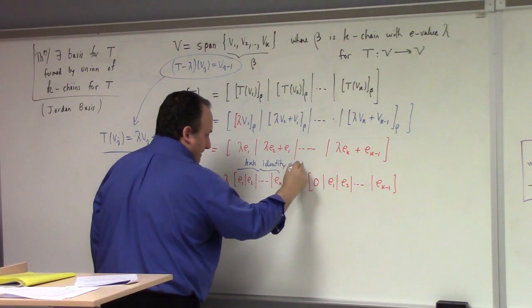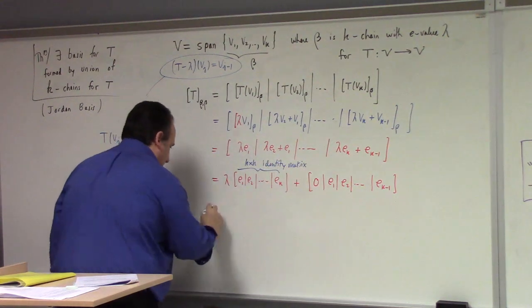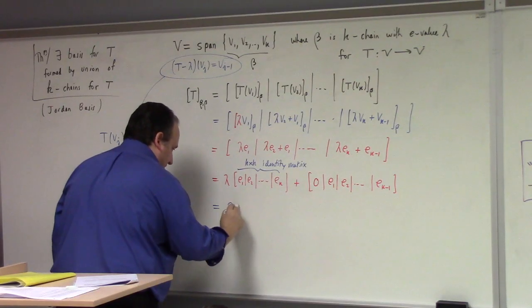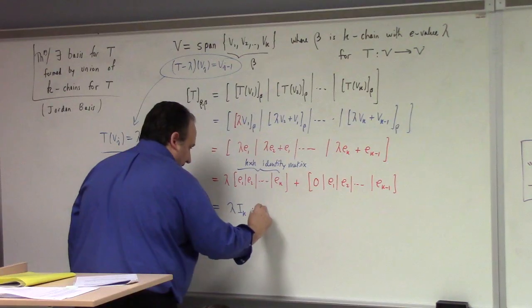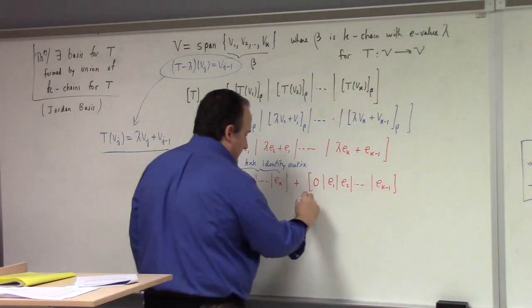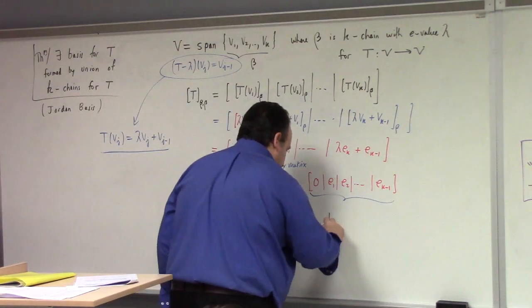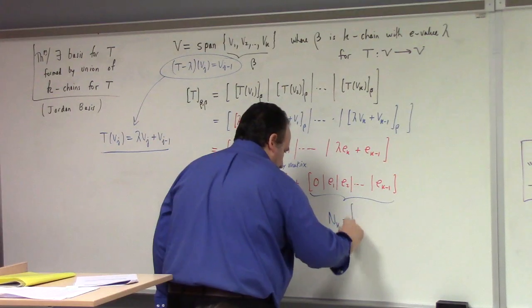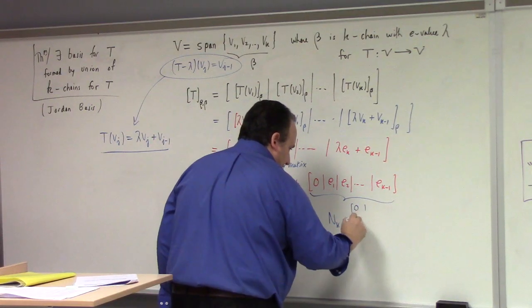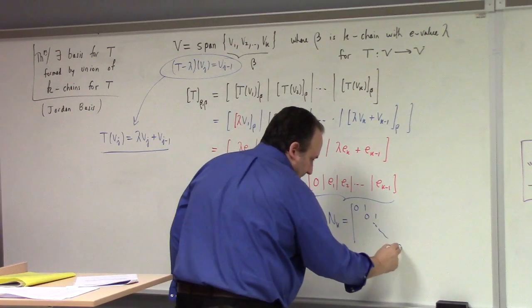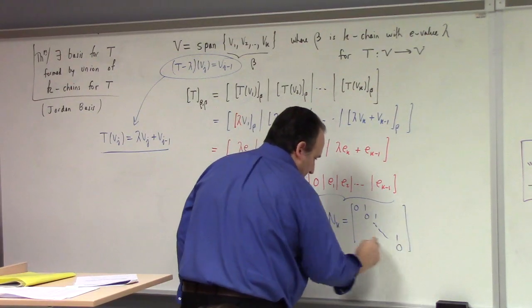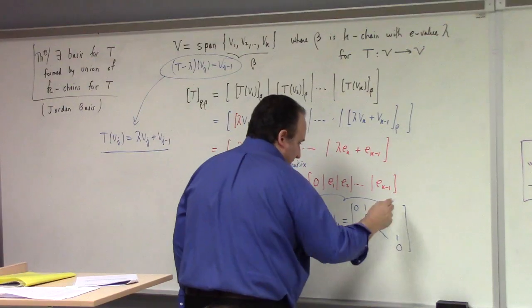So I can write this as lambda times the k by k identity matrix plus that other thing, which I would call n sub k. It's zeros and ones on the super diagonal, zeros everywhere else.